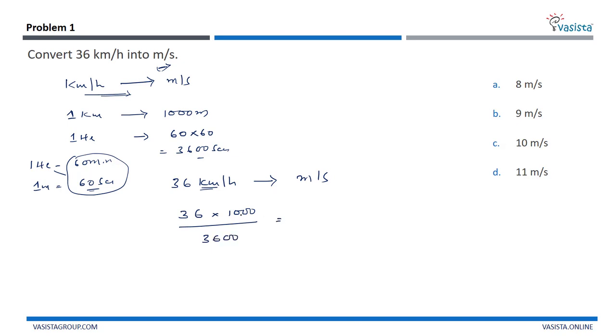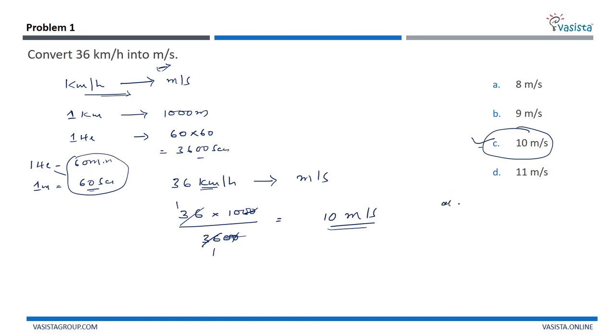Now simplify it: 2 zeros cancelled, right? Now 36 ones are 36, and the remaining is 10. The answer here is 10 meter per second.